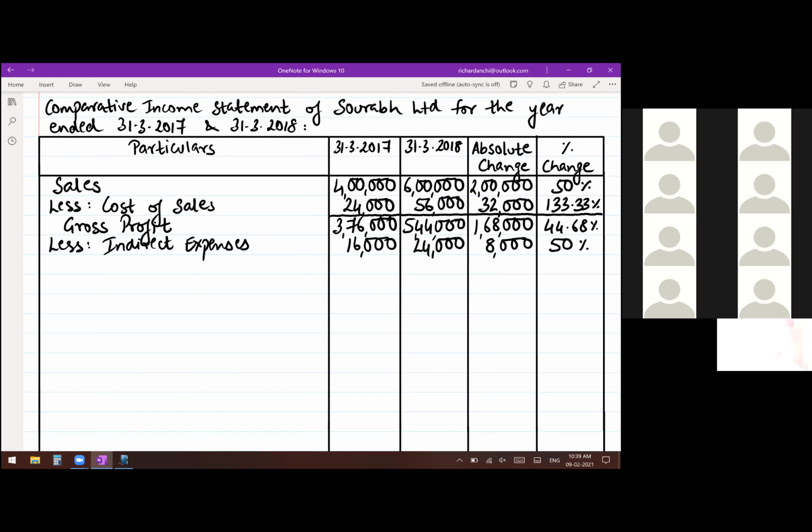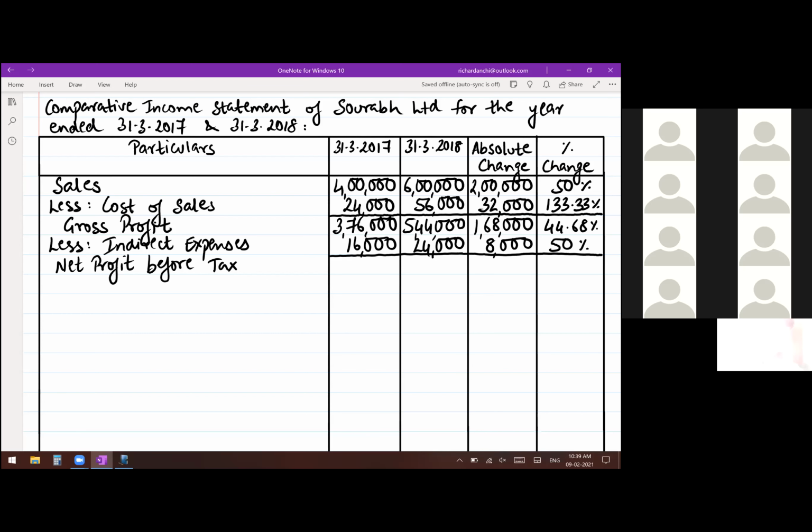Once you minus indirect expenses, you get net profit. Only add the words net profit before tax because tax has yet to be calculated there below. So net profit before tax. Again, deduct from gross profit all the expenses, that is indirect expenses.